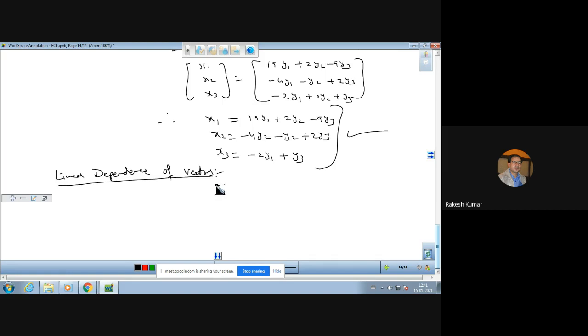Suppose we have a vector v1, the second vector is v2, and the third vector is v3, and so on vn. These are non-zero vectors we have, non-zero vectors. Be sure about that.